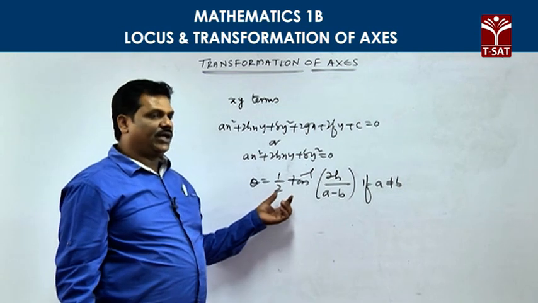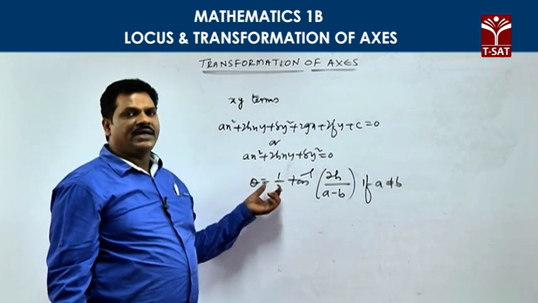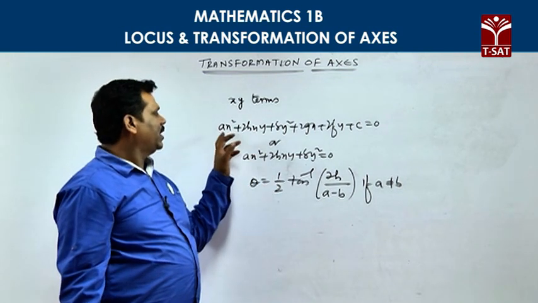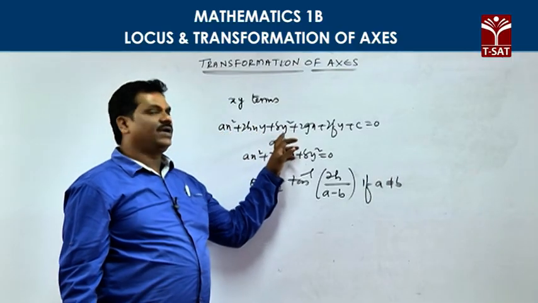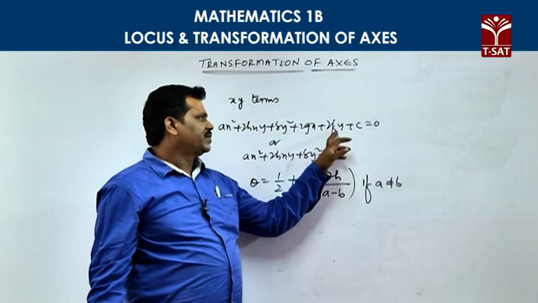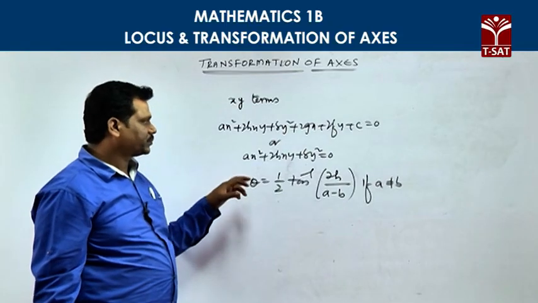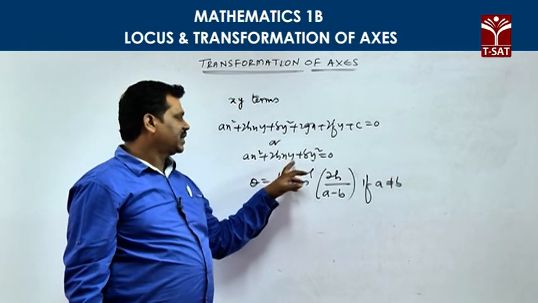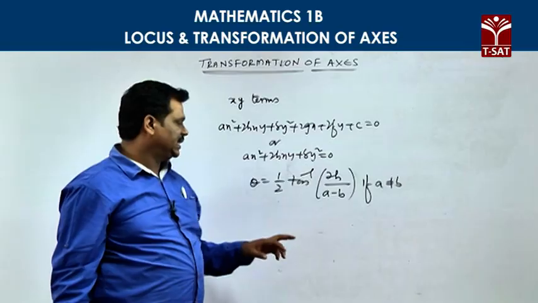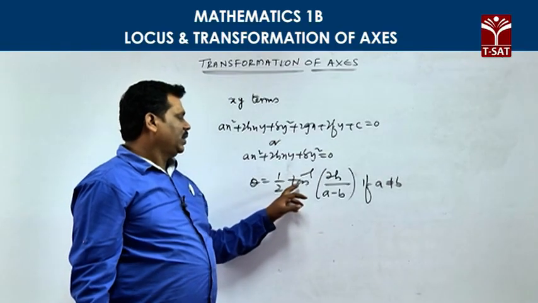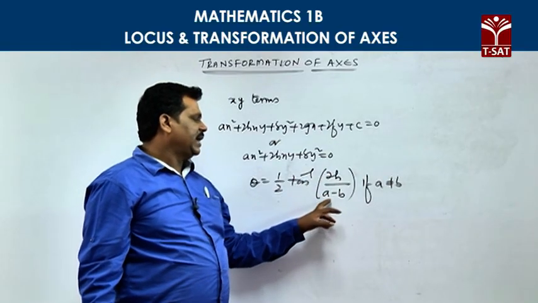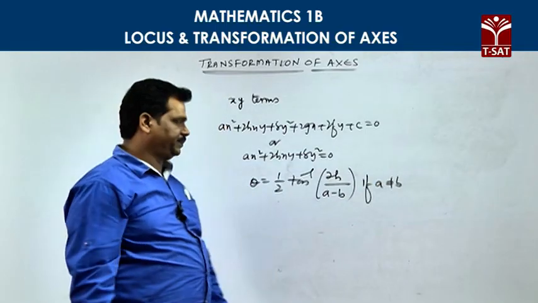When the axes are rotated through an angle theta, eliminating the xy term in the equation ax square plus 2hxy plus by square plus 2gx plus 2fy plus c equal to 0, or ax square plus 2hxy plus by square equal to 0, theta is equal to 1 by 2 into tan inverse of 2h by a minus b, if a is not equal to b.